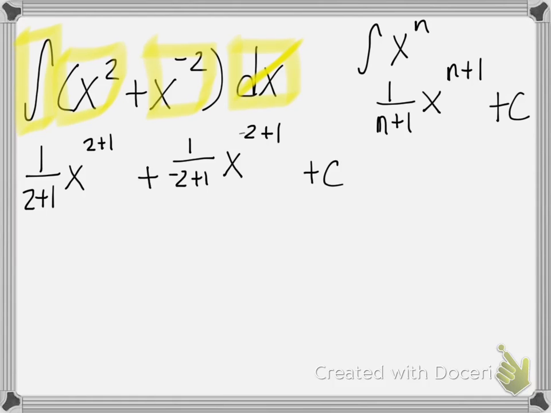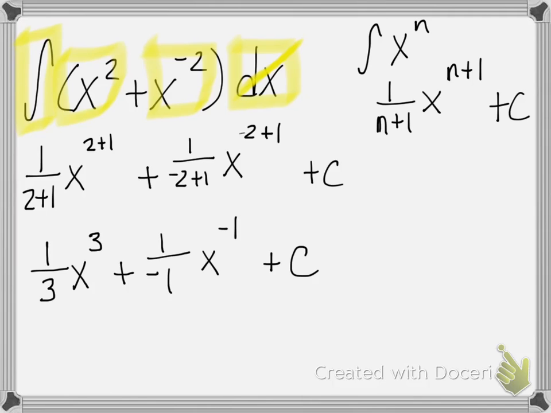So now we just go through and clean this up. We're going to have 1 over 2 plus 1, which is 3, x to the third, plus 1 over negative 1, x to the negative 1, plus a constant.